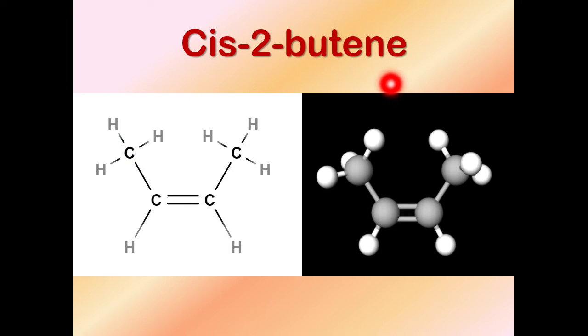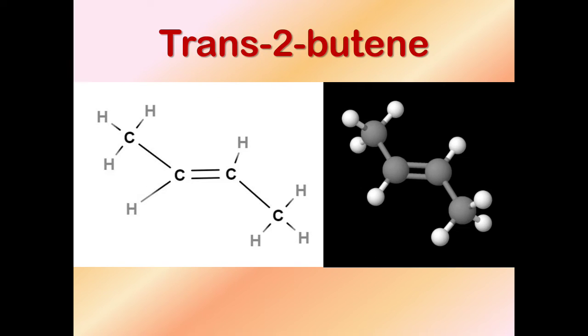Why 2-butene? Butene because the parent chain has got 4 carbons, and if we start numbering from here, at the second carbon you can see there is a double bond, and since the groups are cis to each other, that's why it is called cis-2-butene. Similarly, let us see what we mean by trans-2-butene.